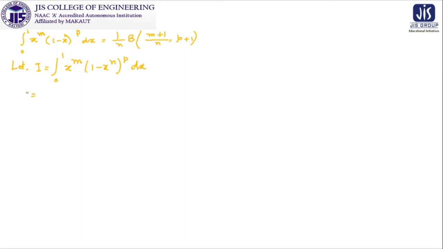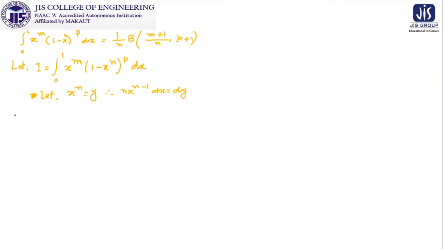Now what we do, we assume x to the power n as y. So n x to the power n minus 1 dx is equal to dy.